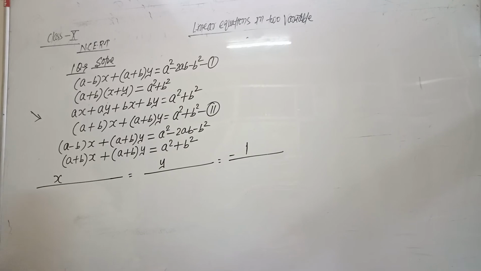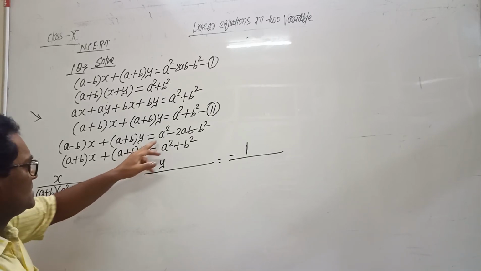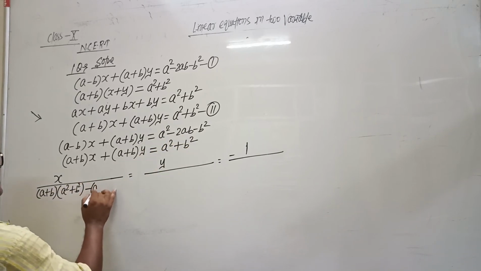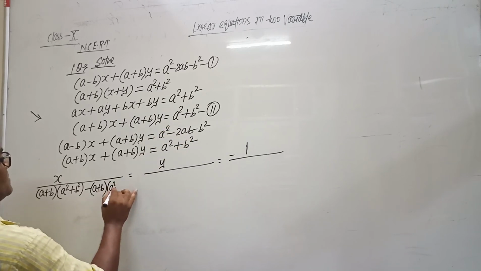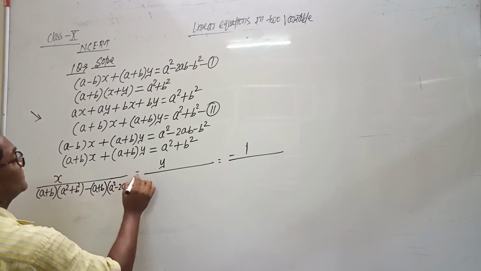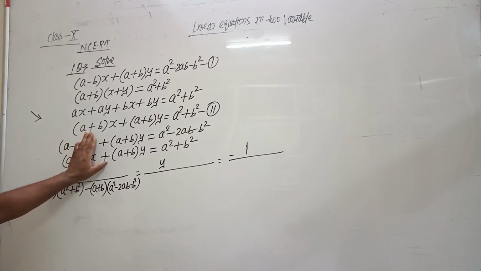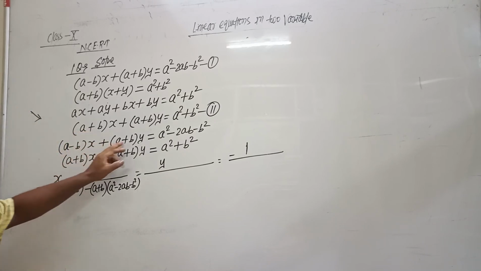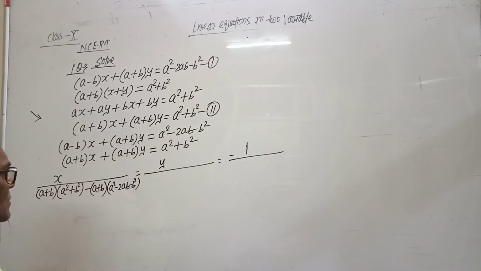So (a plus b) multiplied by (a square plus b square) minus (a plus b) multiplied by (a square minus 2ab minus b square). When we take the term containing x, we have to multiply in this way.